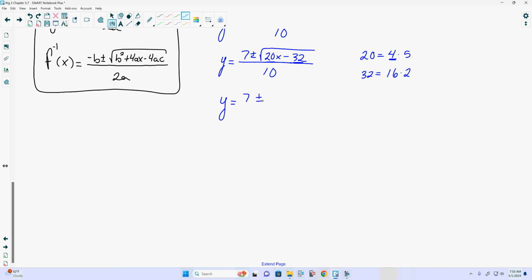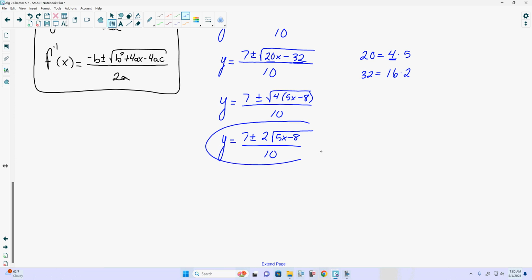Because really we're saying 7 plus or minus the square root of 4 times 5x minus 8 all over 10. Now from here in properties of radicals, we can take the square root of 4 out, which is 2. And this here would be its inverse.